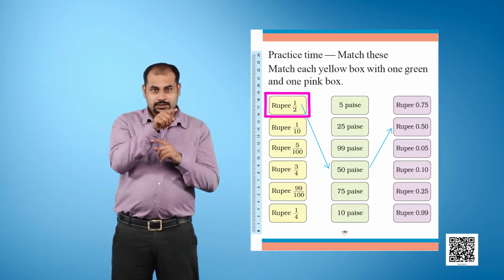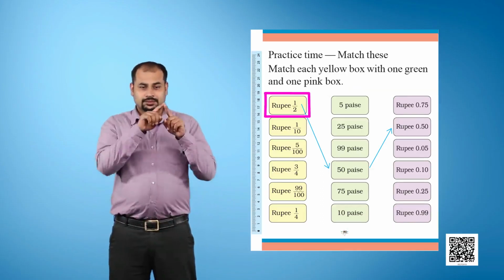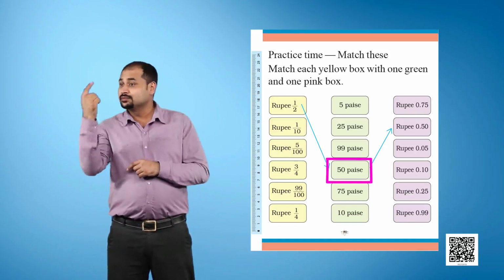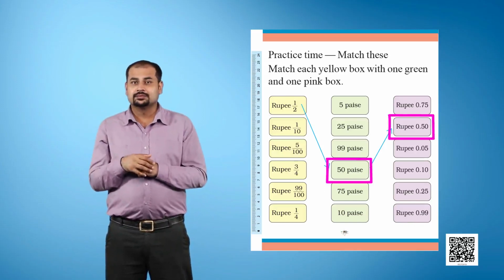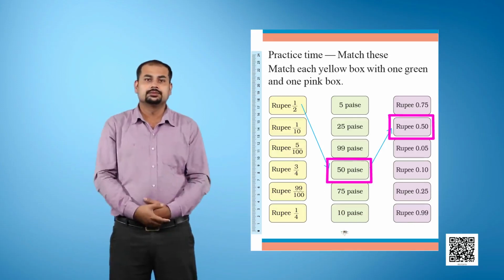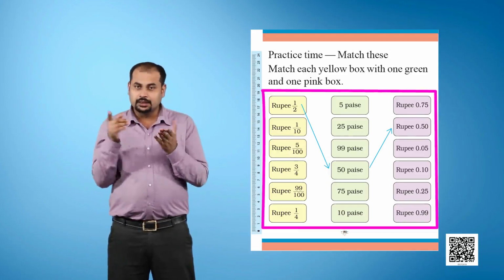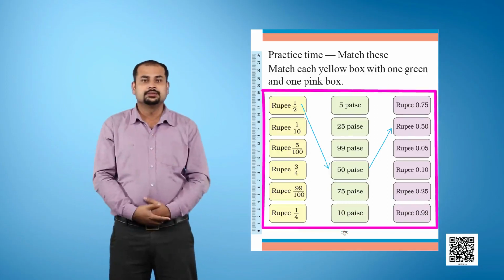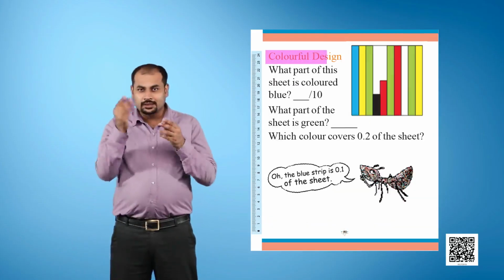Half a rupee is the same as 50 paise, which is the same as rupee 0.50. So this is how the 3 columns will match. You got it?